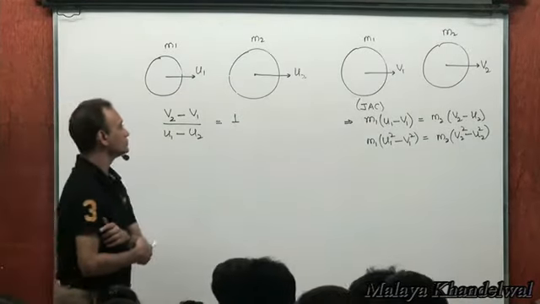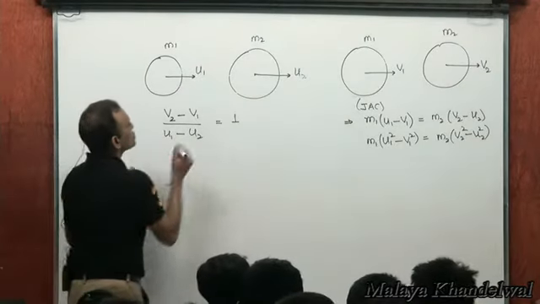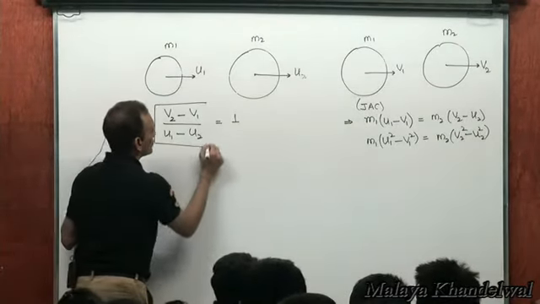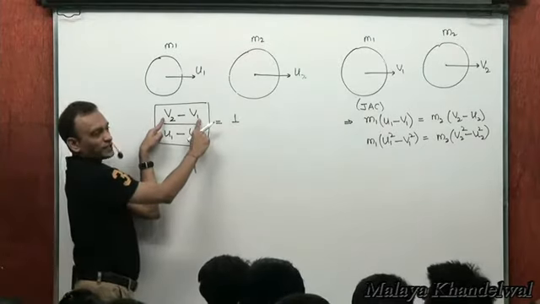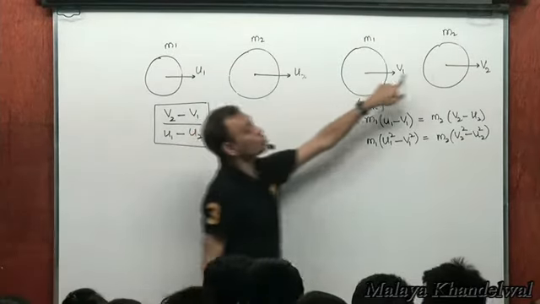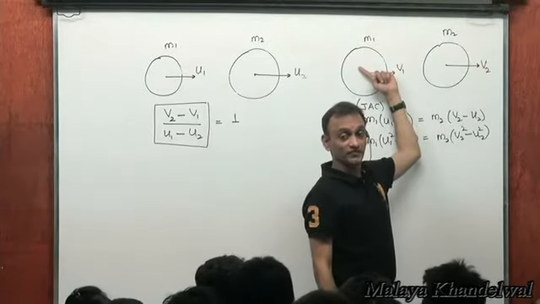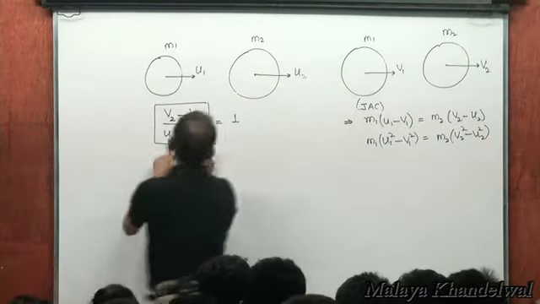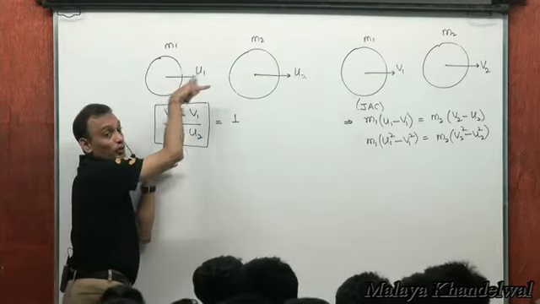Now, this number, look at the numerator, it's relative velocity of separation, v2 minus v1. And look at this, this is relative velocity of approach.